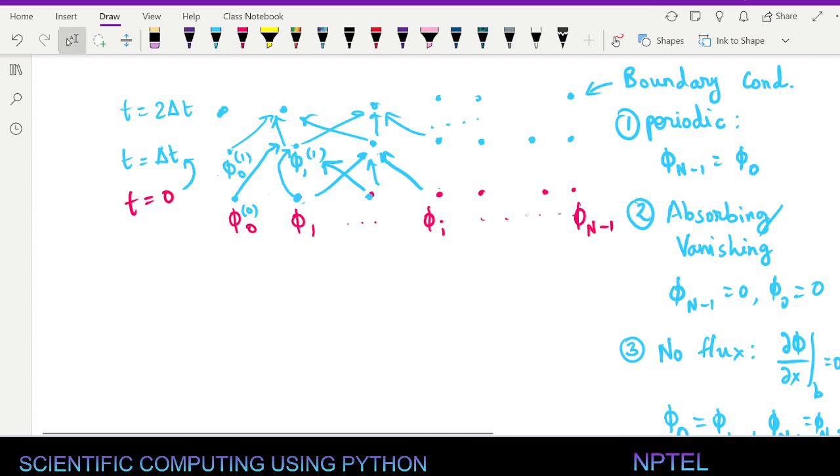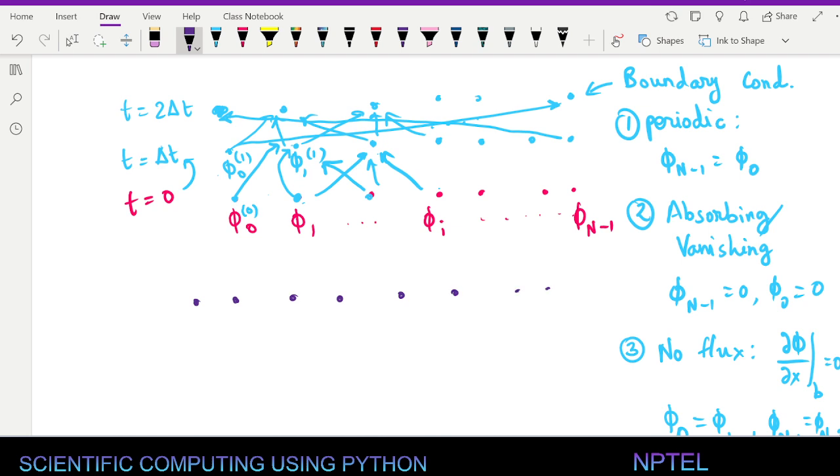So what happens in periodic boundary condition is that this is determined from this. These two have to be made equal, right? To not draw such long arrows, since we are not actually drawing arrows in the computer, what we can do is add two extra ghost points. So these two are extra ghost points.